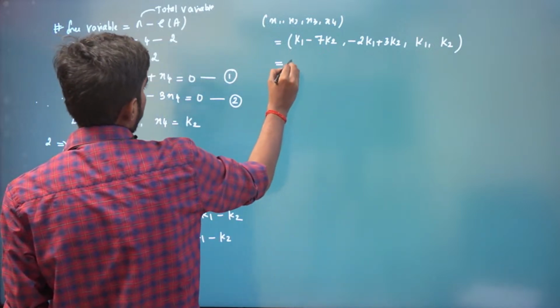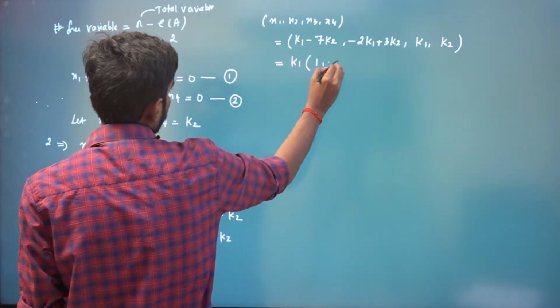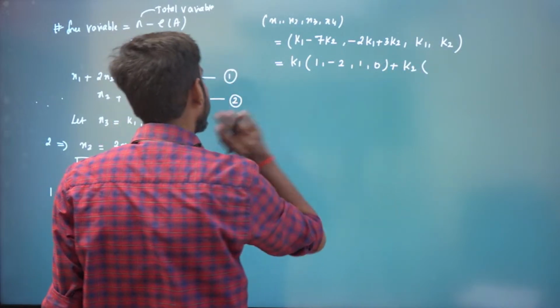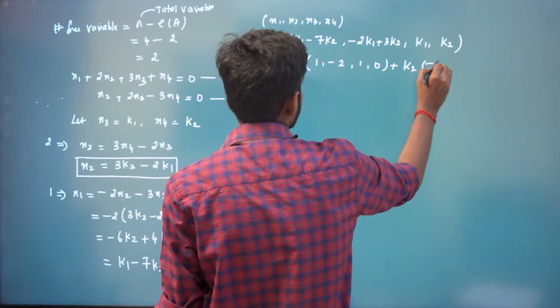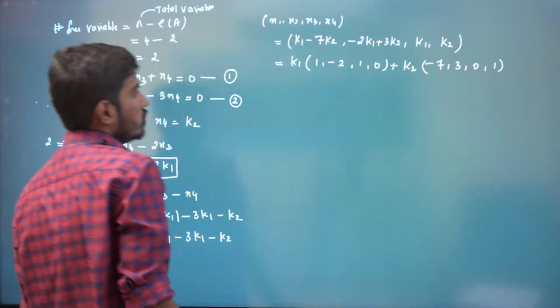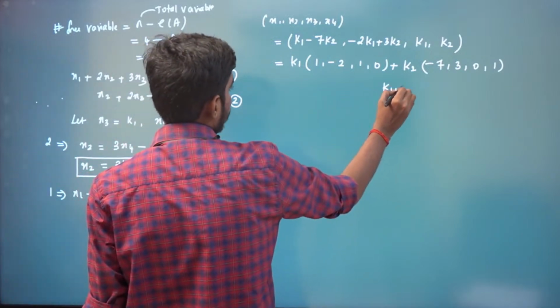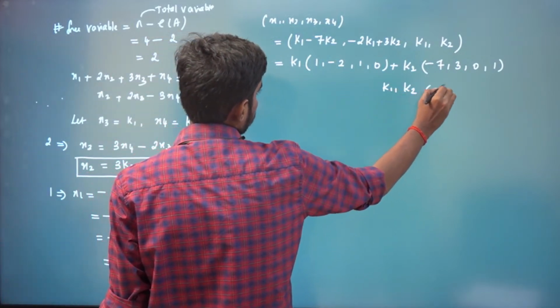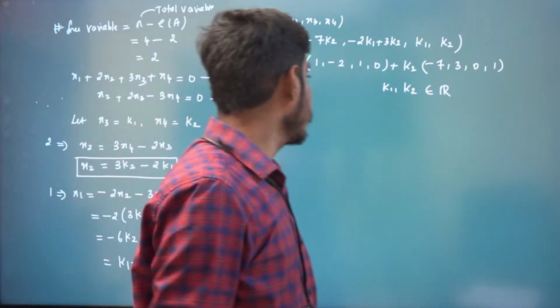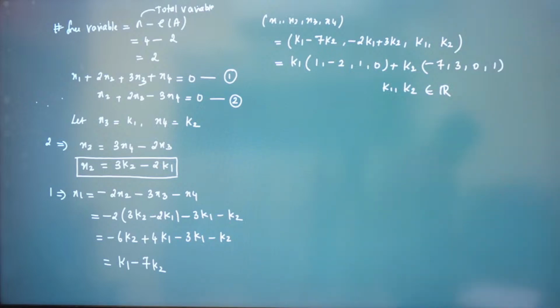That means this is spanned by k1 times 1 comma minus 2 comma 1 comma 0 plus k2 times minus 7 comma 3 comma 0 comma 1. This k1, k2 belongs to real numbers. Right? Now we can see the solution space is spanned by the vectors 1, minus 2, 1, 0 and minus 7, 3, 0, 1, right?